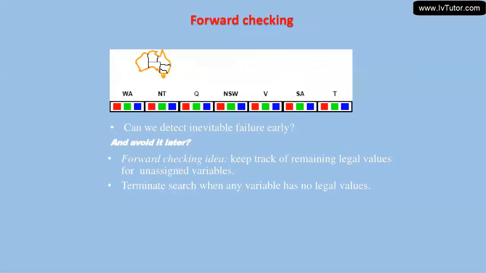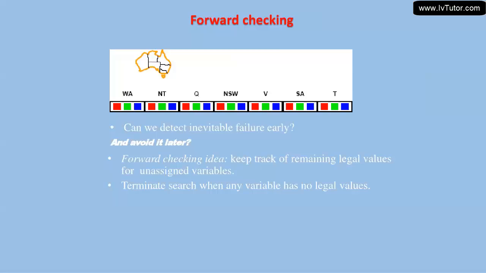Then the last one, I think, is forward checking. What it does is, if you assign a value, it sends an agent across and says, okay, we have assigned red to Western Australia. What is the impact of assigning red to Western Australia?